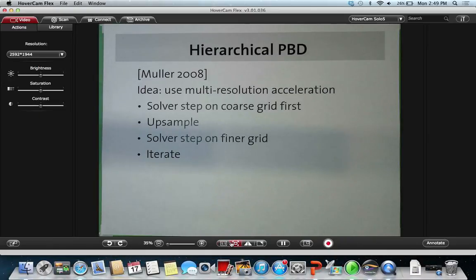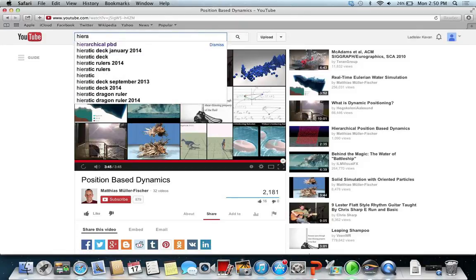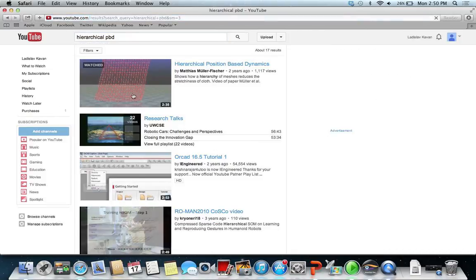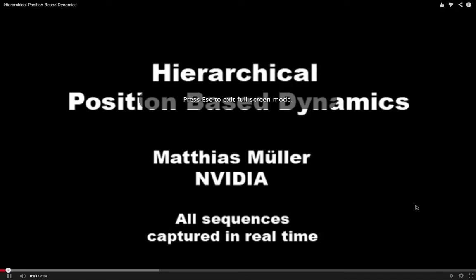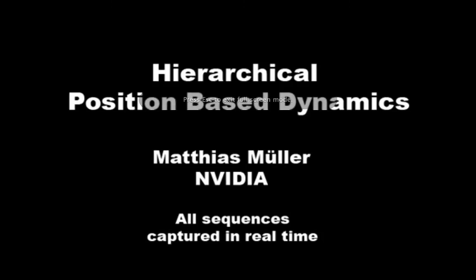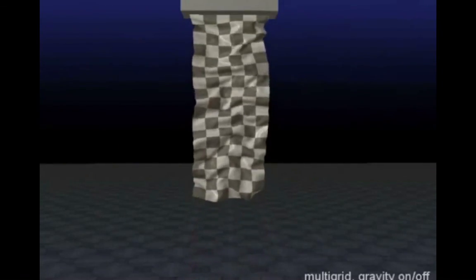This will also nicely show you the stretchiness of the cloth. There, hierarchical PBD. It's time for a video anyway. So what you have on the right. Which one is which?